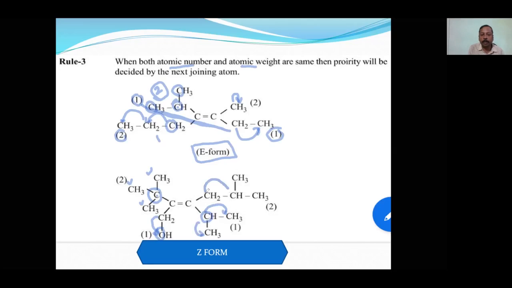Here this is directly attached to only one further carbon atom; the other is with some other carbon atom, need not worry. So this carbon is attached to one carbon, this carbon is attached to two carbons. Therefore this is of the higher priority. Both higher priorities are on the same side. Therefore, it is called Z form.